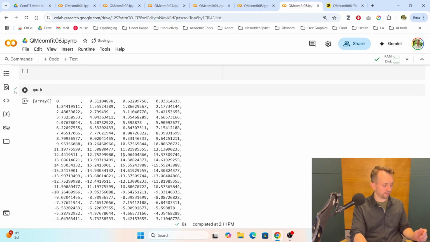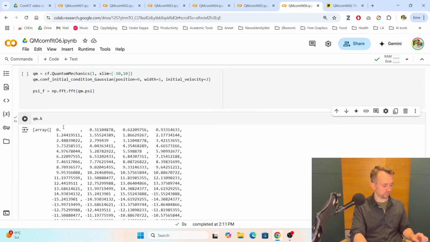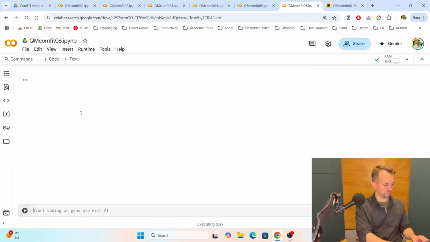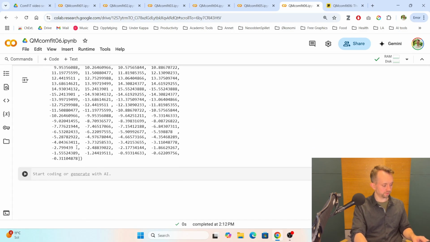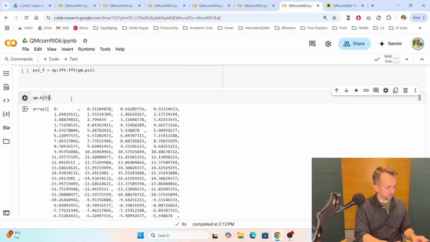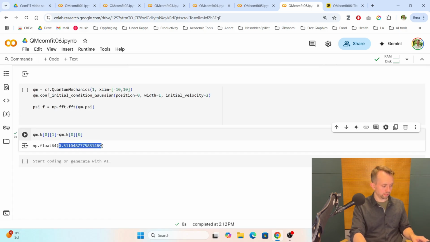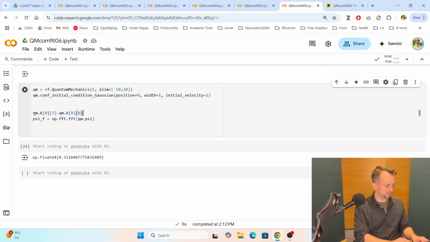And qm.k consists of as many arrays as there are dimensions. So in the case of one dimension, it's just one object in here, and k of 0 is this object with the wave numbers. The point of this is that if I take out the first element and then I subtract the 0th element of this, then I get the spacing in the k space. That is dk. So this right here is dk.